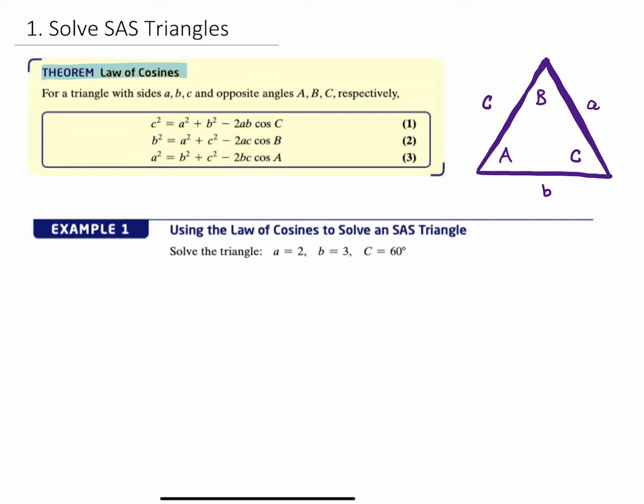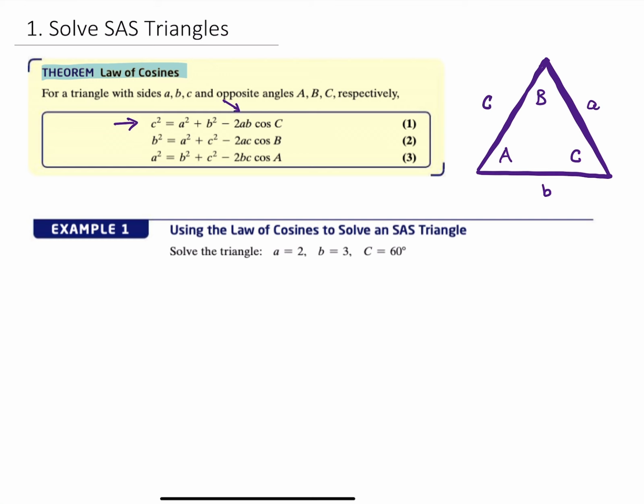So the law of cosines, it's kind of like the generalized Pythagorean theorem. It involves the three different side lengths and one of the angles. And we can express it in three different ways. So we can say c squared equals a squared plus b squared, and we get this additional term, minus 2ab cosine c.